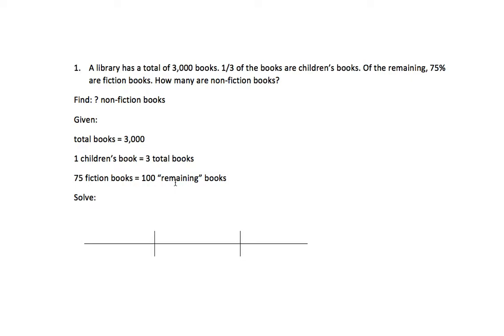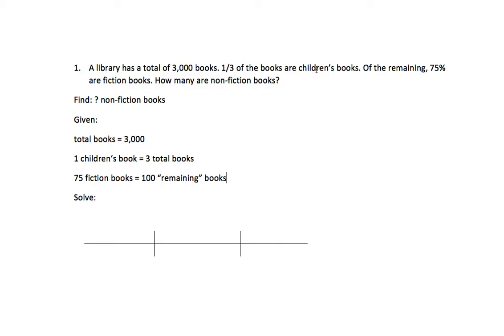So in this case, we want to get to nonfiction books. And we don't have nonfiction books written here anywhere. So we need to sort out what all these statements mean.